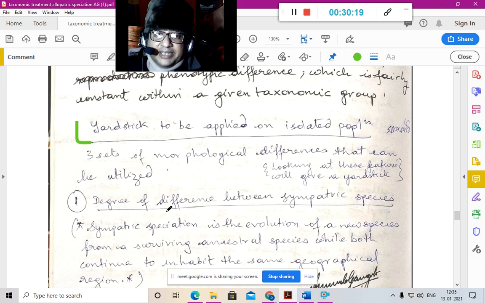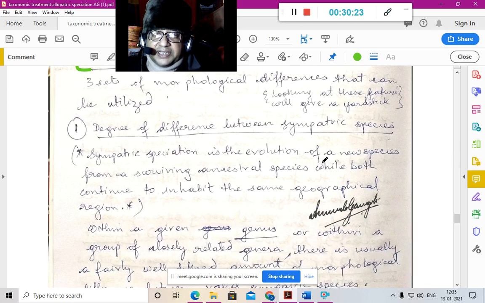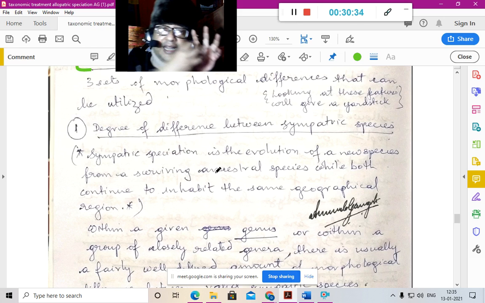First, the degree of difference between sympatric species. Sympatric speciation is the evolution of a new species from a surviving ancestor species while both continue to inhabit the same geographical region. So from one species, another species is formed.